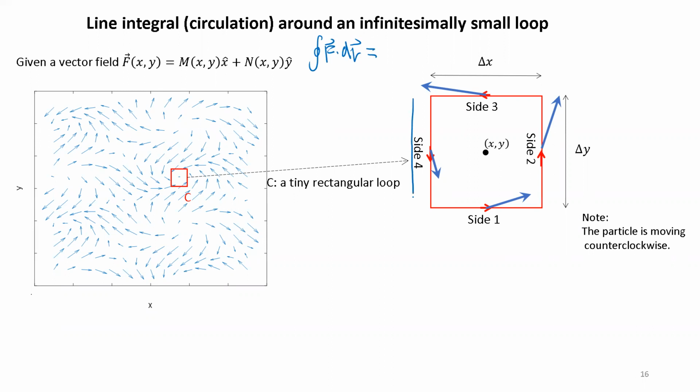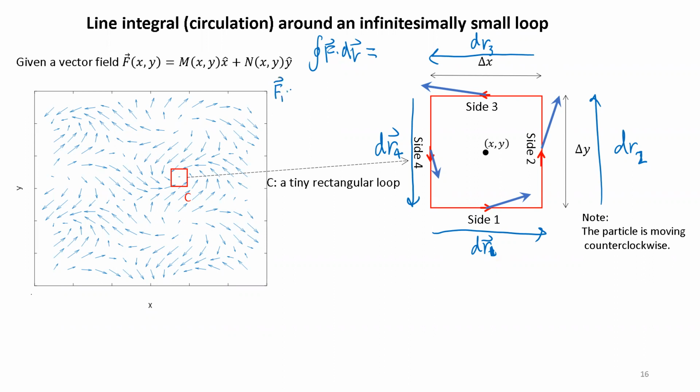Suppose this part is my dr1, this one is dr2, this one is dr3, and this is dr4. So the line integral is a sum of four terms: F1 dot dr1, plus F2 dot dr2, plus F3 dot dr3, plus F4 dot dr4.